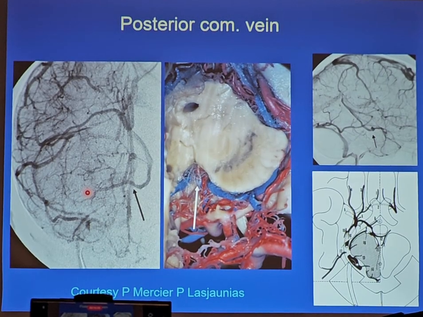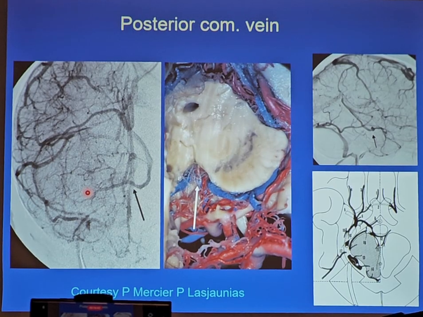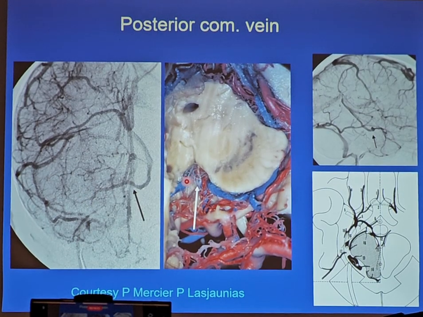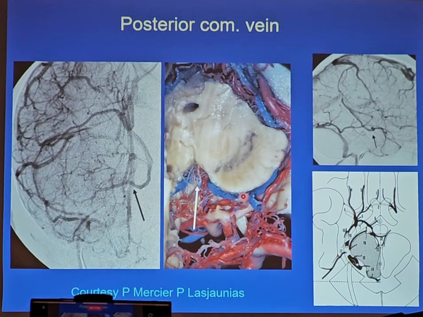Veins are very capable of giving you false information as far as the location of the abnormality versus the clinical symptoms is concerned. So again, this is the posterior communicating vein anastomosing the tributaries of the basal veins of Rosenthal on both sides. You can see it here.